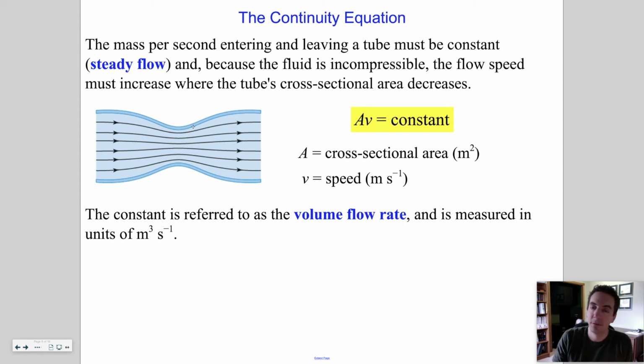So you've probably experienced that before with a garden hose: you want to spray the water, so you put your thumb over the end, decreasing the cross-sectional area, and the fluid speeds up on the way out. This constant is referred to as the volume flow rate and is measured in units of cubic meters per second.